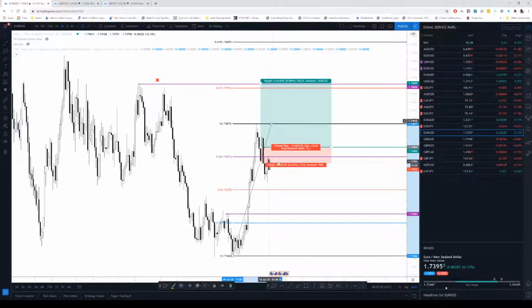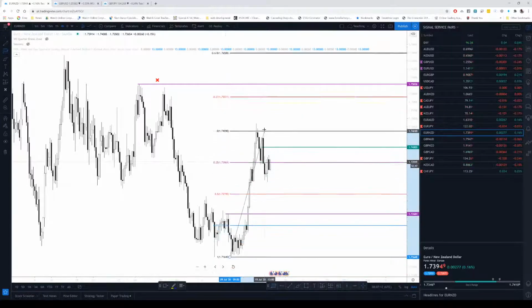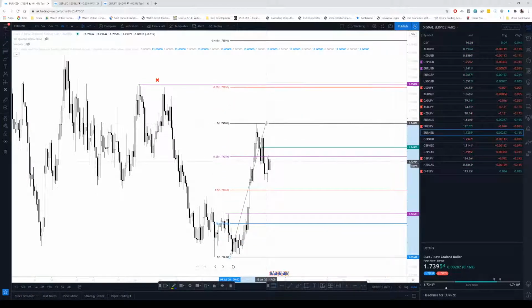It's currently trading in a place where it's not safe to buy. If you want to buy, you always want to buy at a lower portion of a trading range. So between this high and that low, that's a trading range. If you want to be a buyer, you want to be buying below 50%. Above 50% you don't want to be buying.